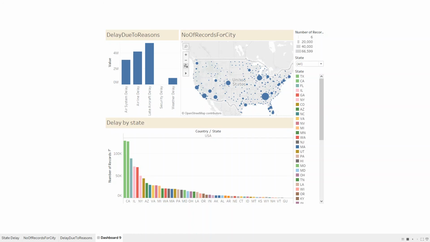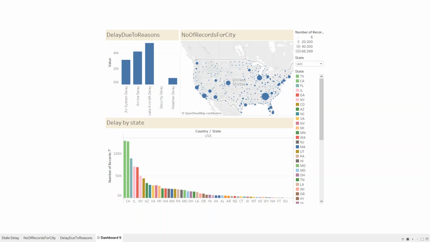So moving on to the next chart below. Here we have a bar chart called delay by state. As we can see, this bar chart shows the number of delay and cancellation records by state.